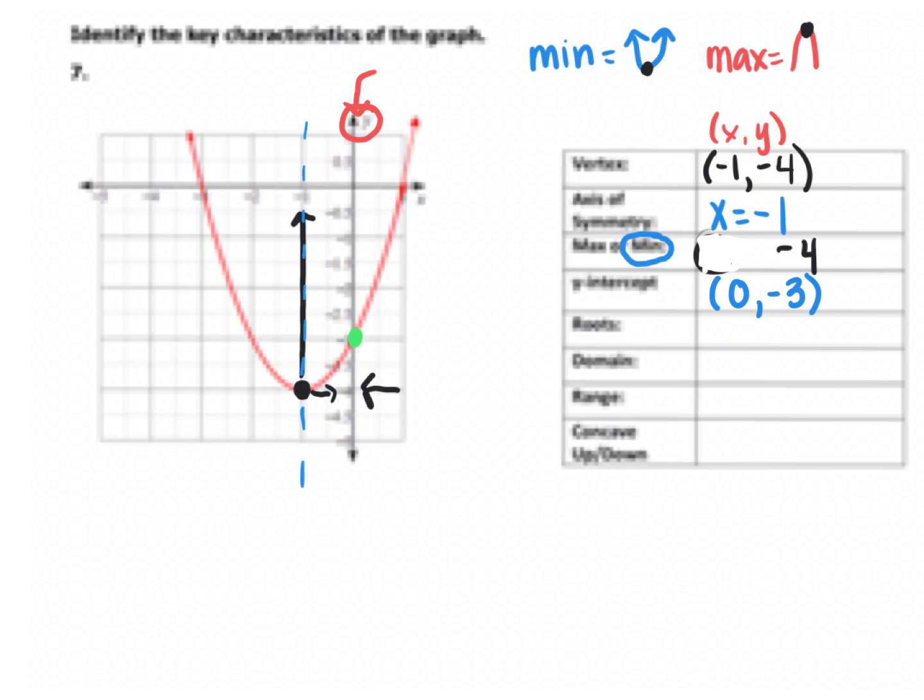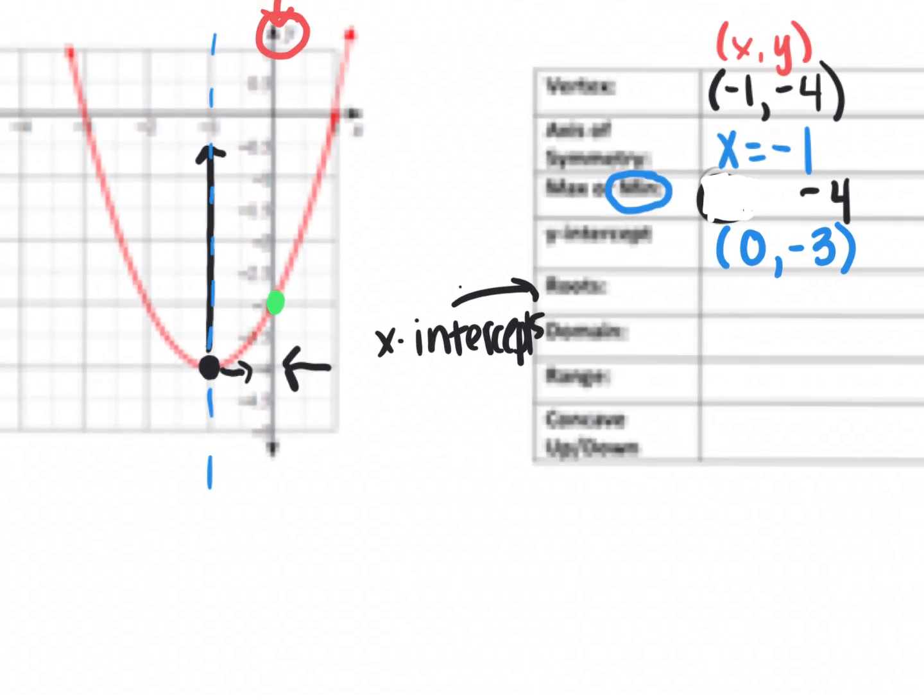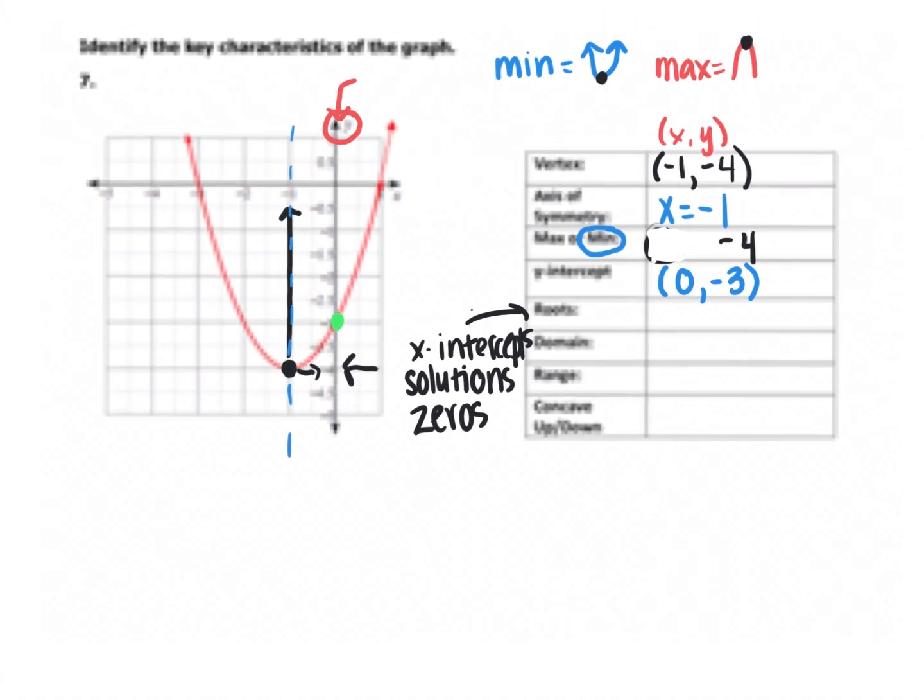Roots. Roots is one of the names that we use for x-intercepts. Another name for x-intercepts is solutions or zeros. We can use any of those 4 names interchangeably.